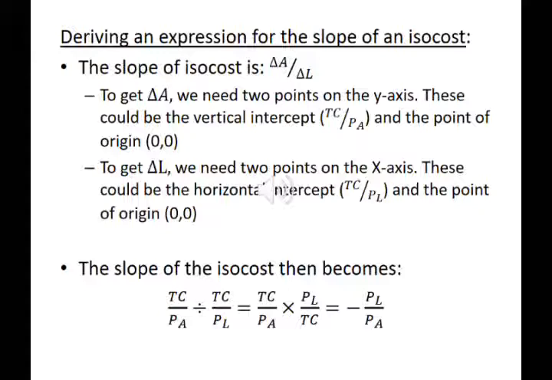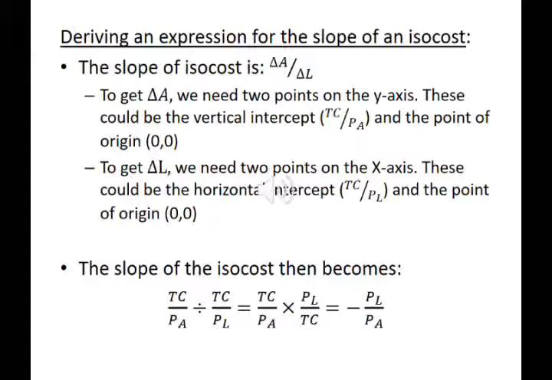The slope of the isocost will then become TC divided by the price of land, divided by TC, the total cost, divided by the price of labor. We can then multiply them together and invert the second one. So it will be total cost divided by the price of land times the price of labor divided by the total cost.